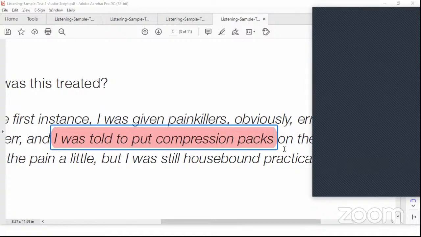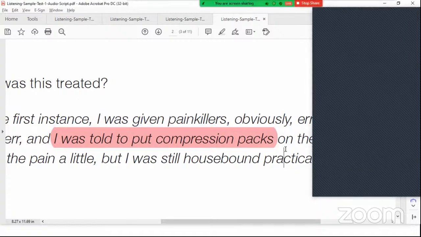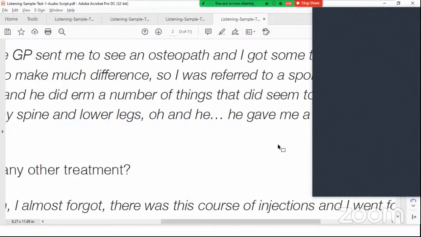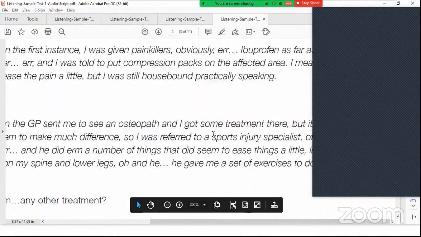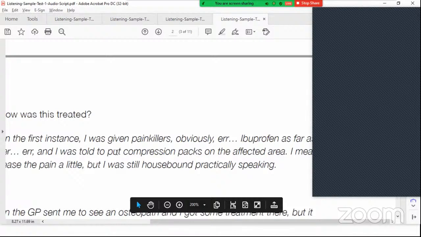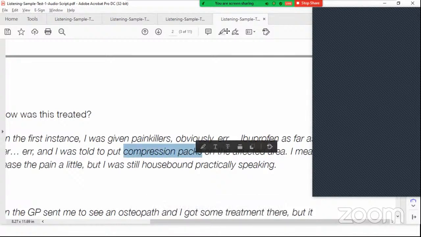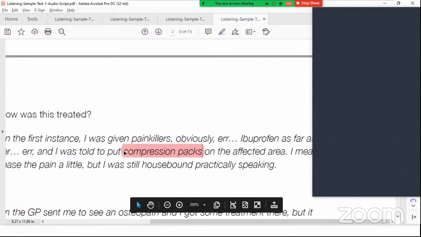You have to write either singular or plural. You see, the S is there. So compression pack is a totally wrong answer.